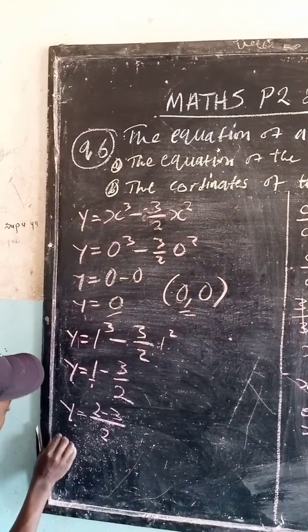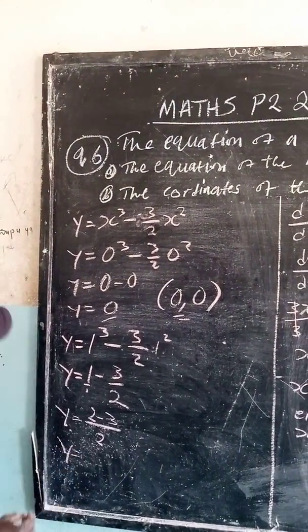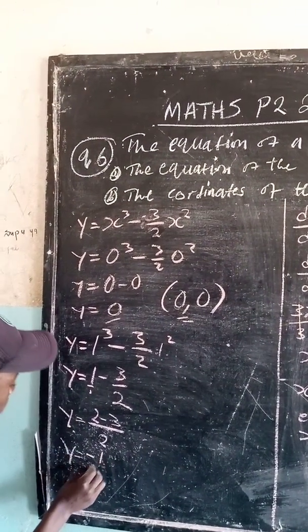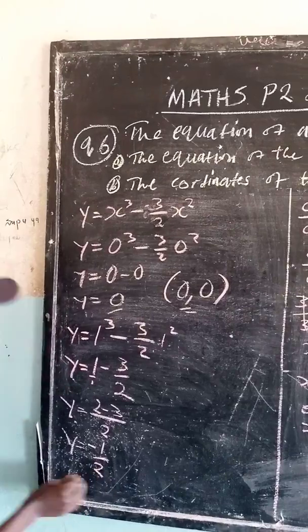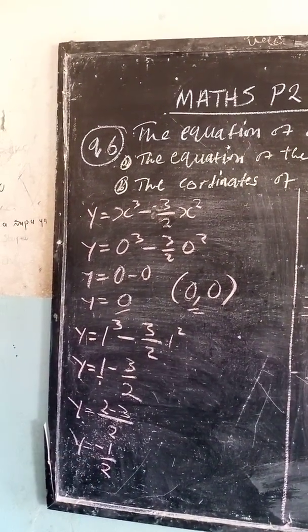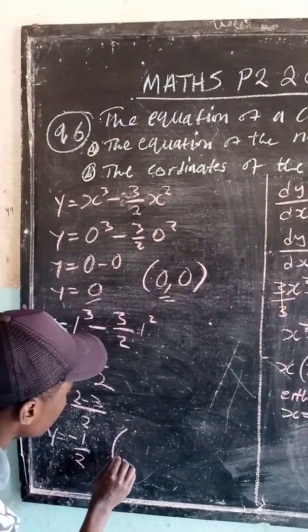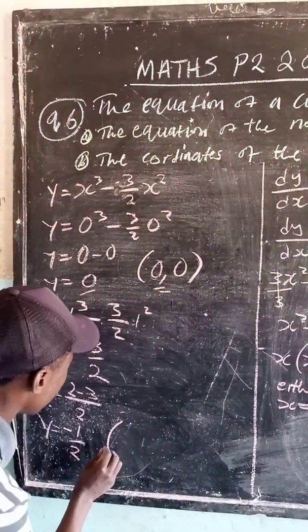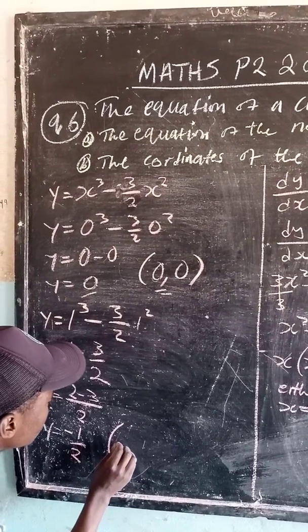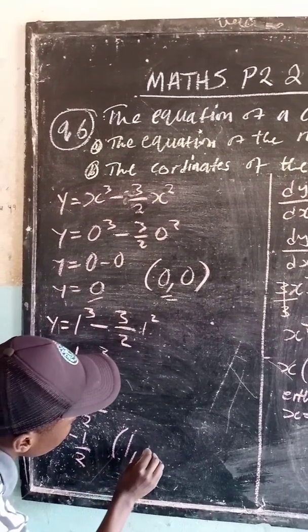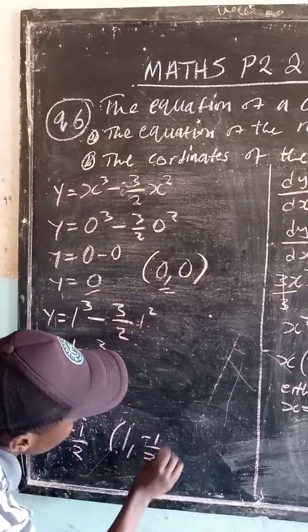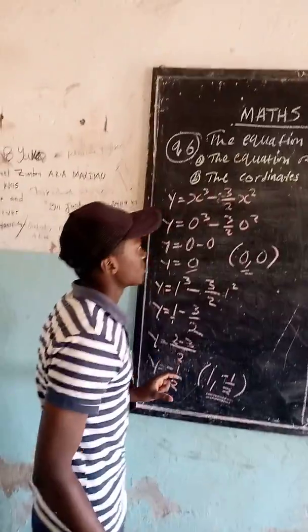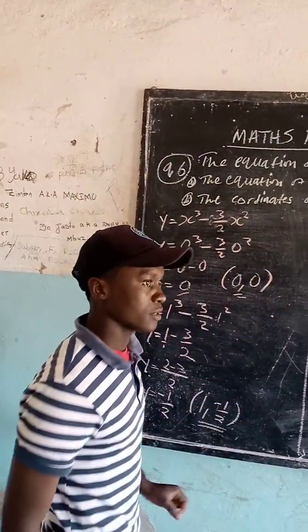And we go on further by saying y is equal to 2 minus 3, it is negative 1 over 2. So this was the y coordinate. Since we have come up with the x coordinate and the y coordinate, we can now conclude: (1, -1/2). So these were the coordinates of the stationary points.